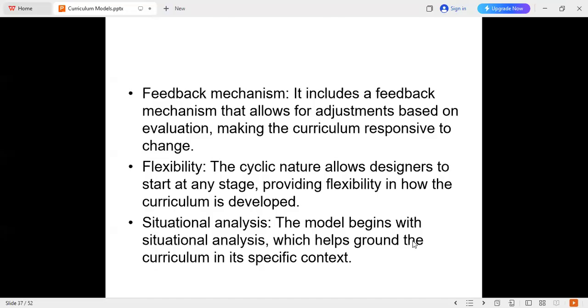Flexibility: the cyclic nature allows designers to start at any stage. It provides flexibility. This model is not rigid in how the curriculum is developed.